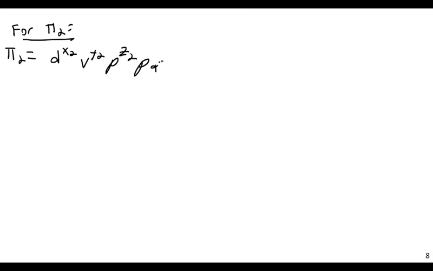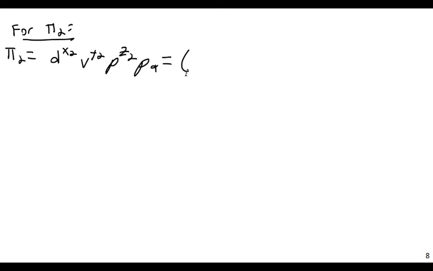Then for pi 2, all right, well, I know that pi 2 is going to be equal to, using my next, I'm going to have my 3 repeating variables plus 1 more of the non-repeating variables. It's going to be equal to d to the x2, v to the y2, times rho to the z2, times the density of air, rho a.